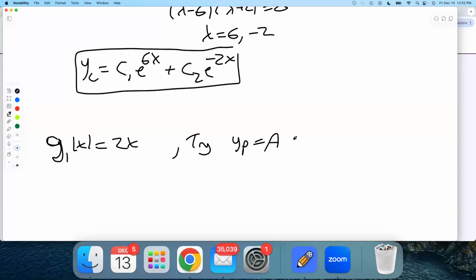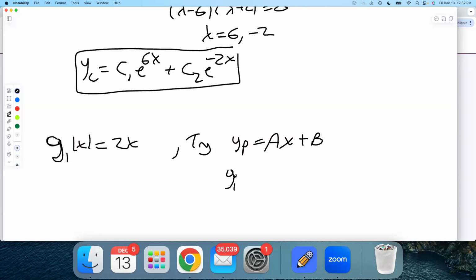If you just tried this, it's not going to work out. You could try it. Go back to the original DE. It's not going to work out. If this is a linear function, I need my particular solution to be a full linear function. If I had a quadratic over here, I would need ax squared plus bx plus c.